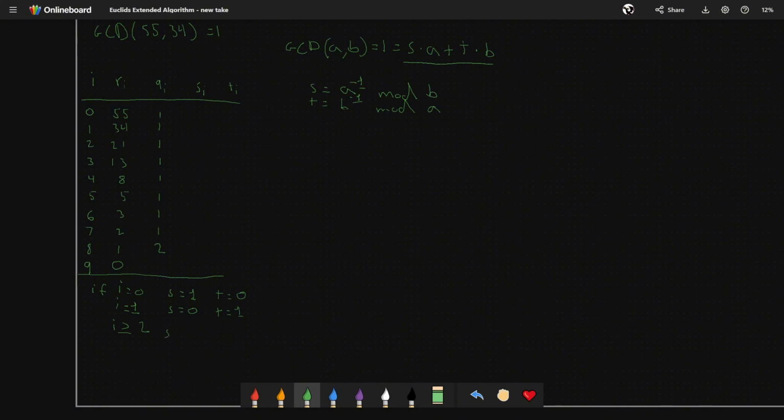Si will be equal to Si minus 2, minus quotient i minus 1, multiplied by Si minus 1.